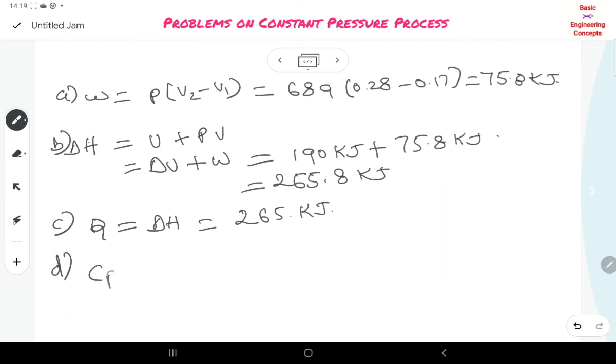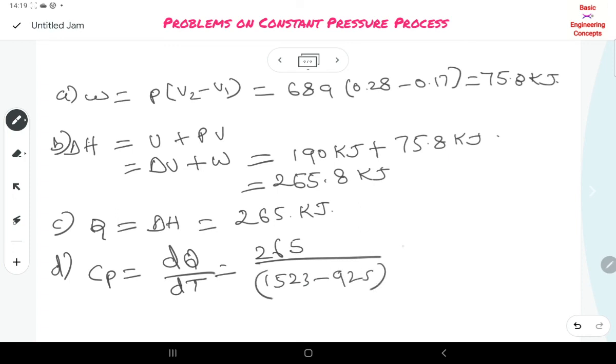Fourth one, Cp. So dQ by dT, that is, heat transfer 265 by change in temperature, that is 1523 minus 923, which is 0.443 kilojoules per kg Kelvin.